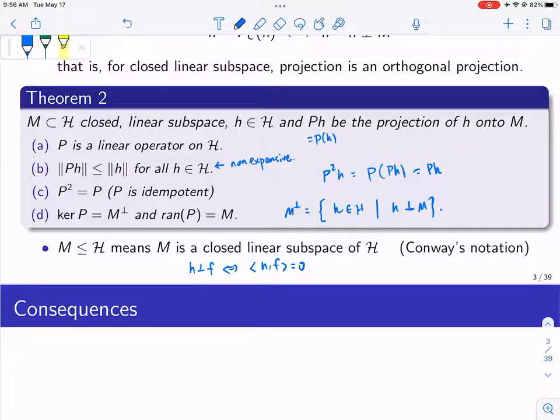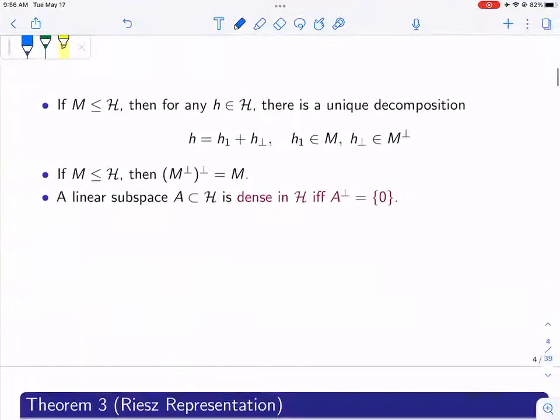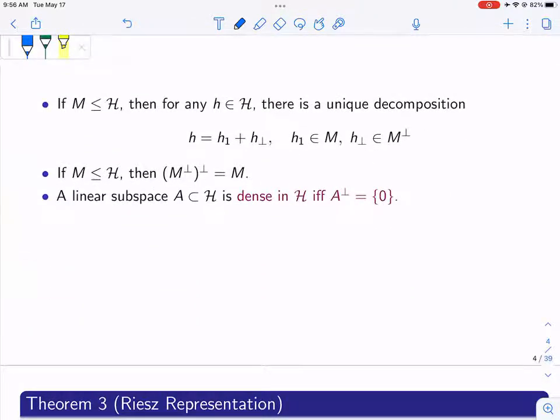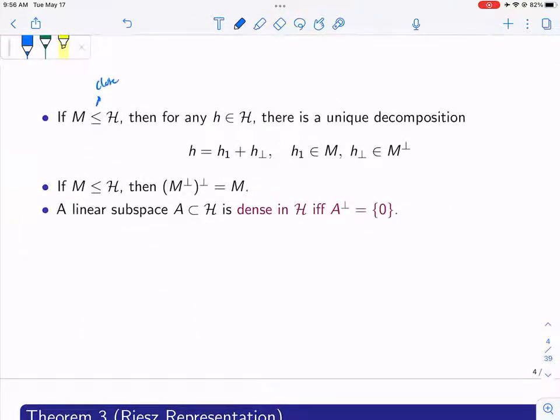So the end result is that if M is a closed linear subspace of H, the Hilbert space, then for every H we have this unique orthogonal decomposition where the first component is in M, basically the projection of H onto M, and the second component is in the orthogonal complement of M.